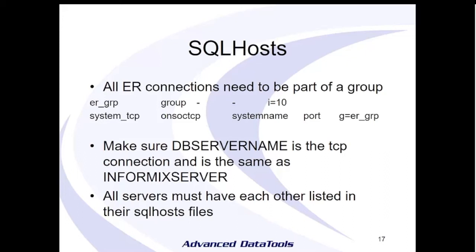Again, make sure the DB server name is your TCP connection, and every server that is going to replicate with each other needs to be in every SQL host file. And every root server needs to have all of the hosts, at least the root and non-root servers, in their SQL host file. Otherwise, you get a bunch of errors in the online log where it can't reach those systems.